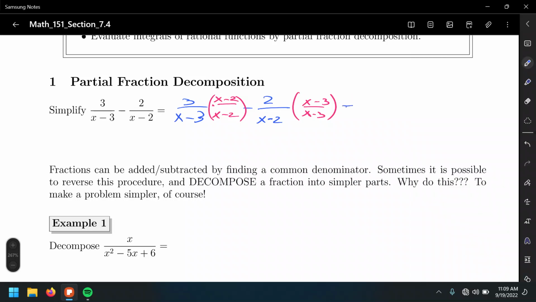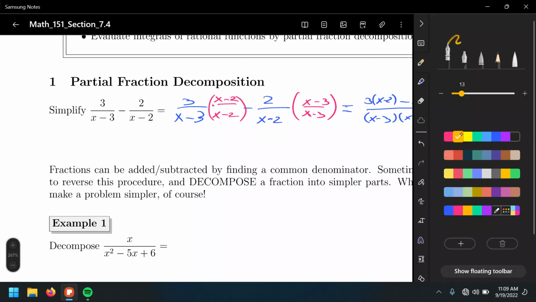Now that we have the same denominator, notice the same denominator will be x minus 3 times x minus 2, and in the numerator all we do is leave the indicated operation. That's going to leave us with 3 times x minus 2 minus 2 times x minus 3.